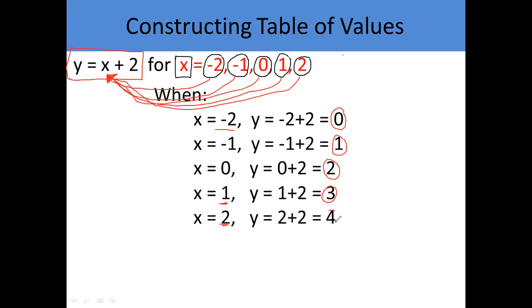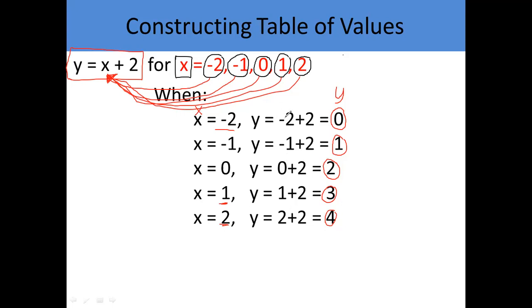Now, these are our values of y, given the values of x on the other side. Remember, these numbers here are the values of x in the equation x plus 2.